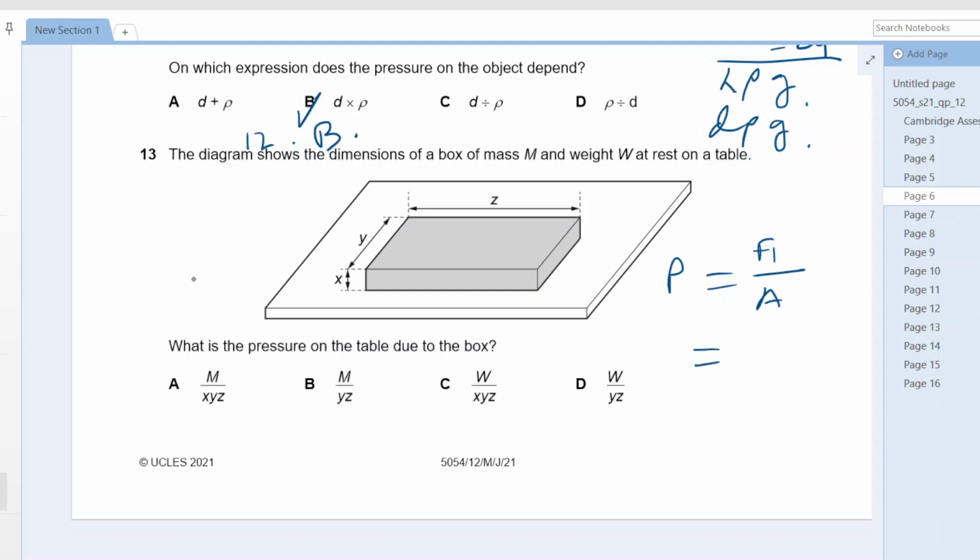And the force is W, since weight is gravitational force, and area in contact with the surface is y into z. Therefore, it is at answer D. Now 13, right answer B.